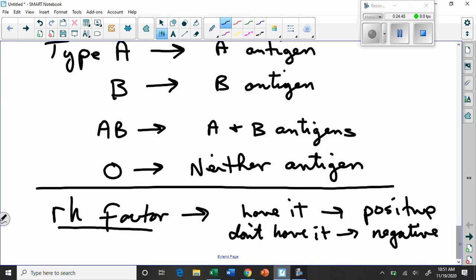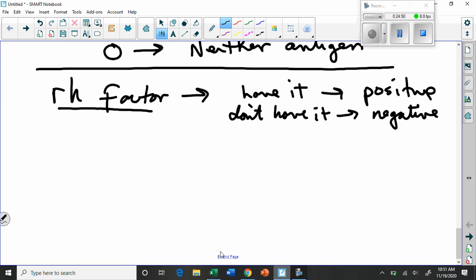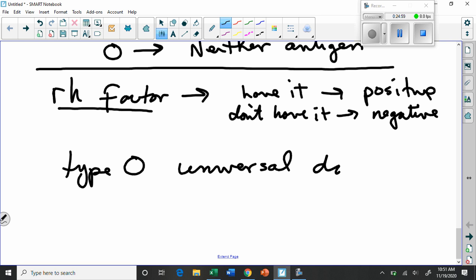Type O is called the universal donor because type O blood can actually be given to anyone in a pinch. They still try to match where they can. But if you have type A and I give you type O, the O has no antigens on it, so there's nothing to interact and cause the problem.